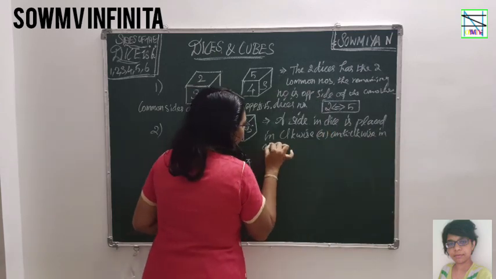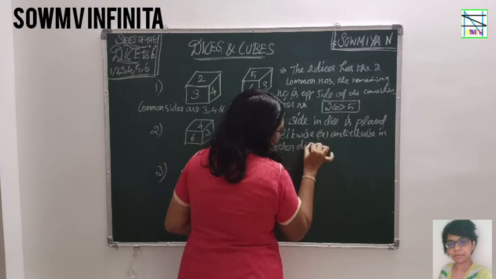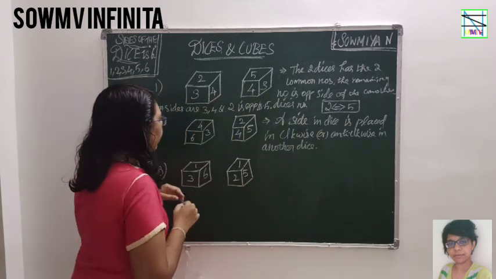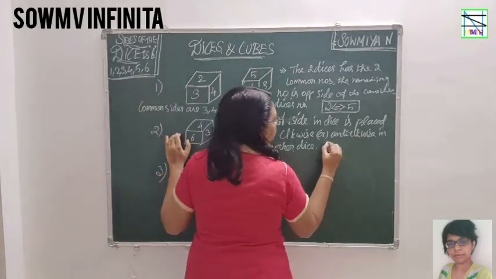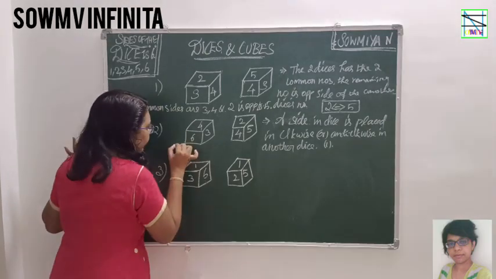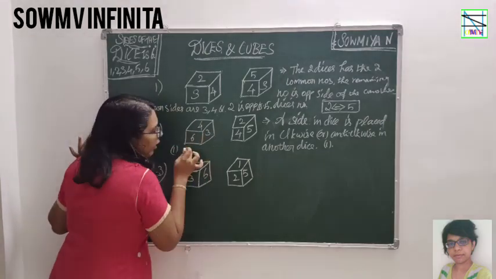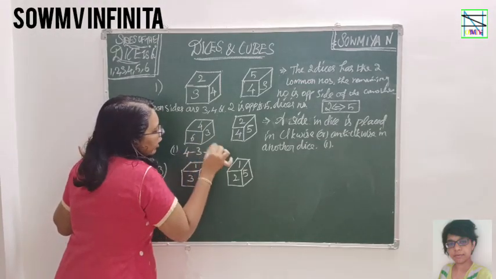By using this method, from the first dice, arrange in a clockwise order: 4, 3 and 6.